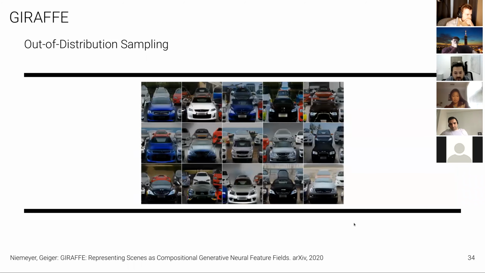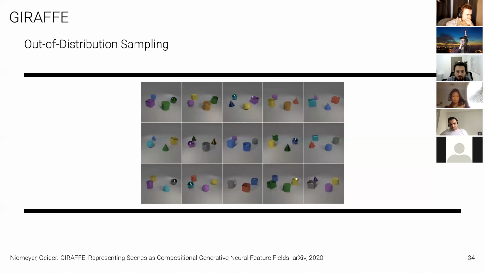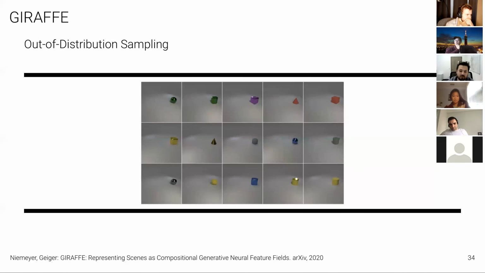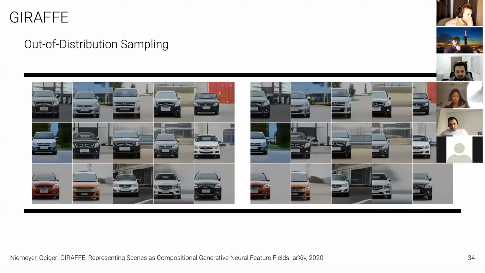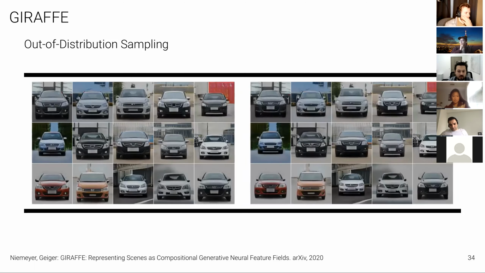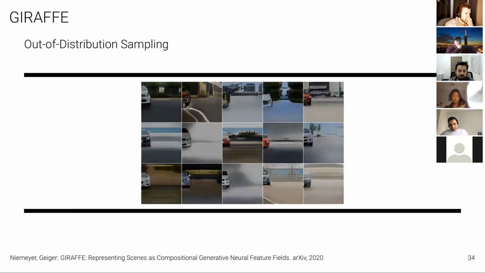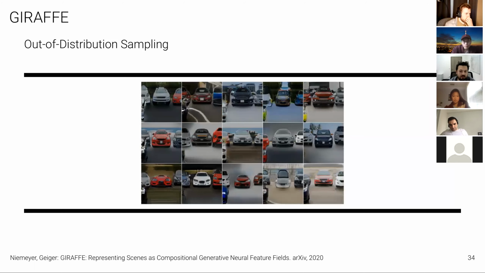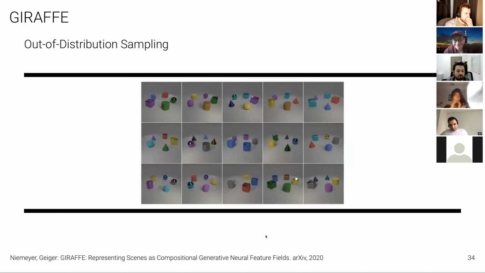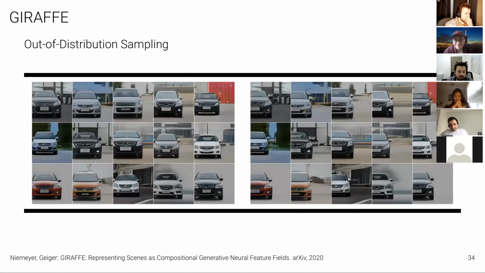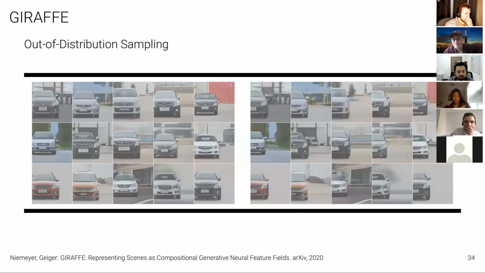Or here we even add more objects at test time. So remember that the model has just seen images of a single car, for example, or of these CLEVR scenes of two items in the scene. And then at test time, we can add more objects. It works reasonably well. It definitely makes mistakes here and there, but it's cool that it works in general at all because it has never seen these examples.